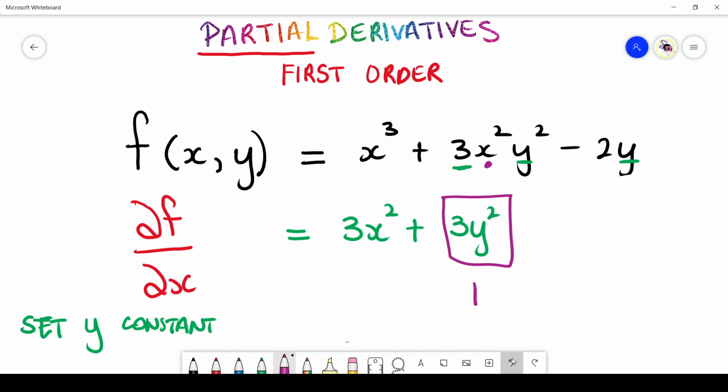So pretty much the same basic principles apply. When you're setting a variable as a constant, you bring it to the front next to the rest of the constants, and you differentiate what can actually be differentiated. x squared can be differentiated to get 2x. Similarly, as we move further down, like I said, y is supposed to be a number.